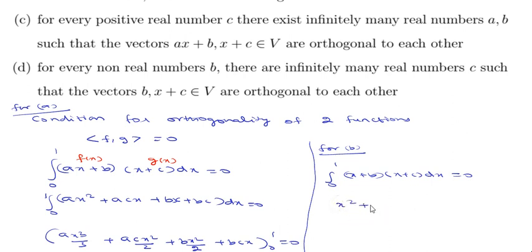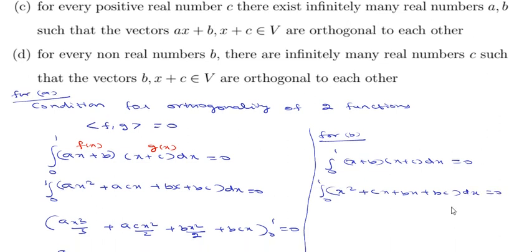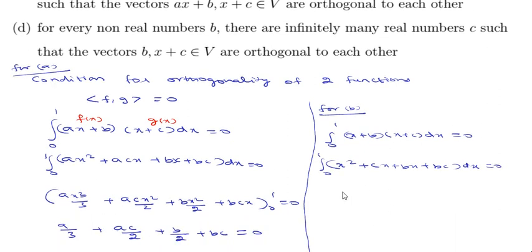x square plus cx plus bx plus bc, dx, integral 0 to 1 equal to 0. So integrating and substituting the limits, we get x cube by 3 plus c x square by 2 plus b x square by 2 plus bcx.